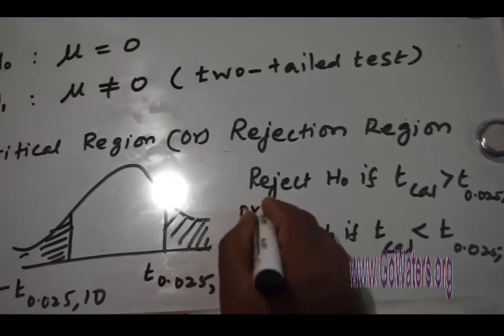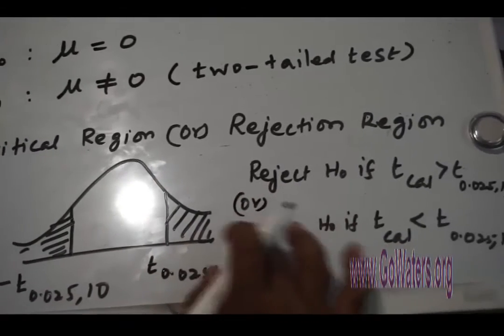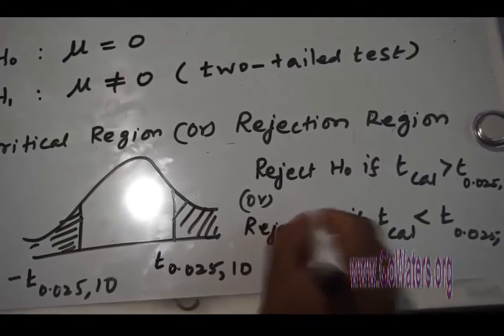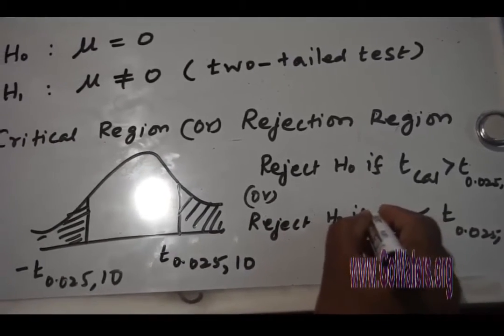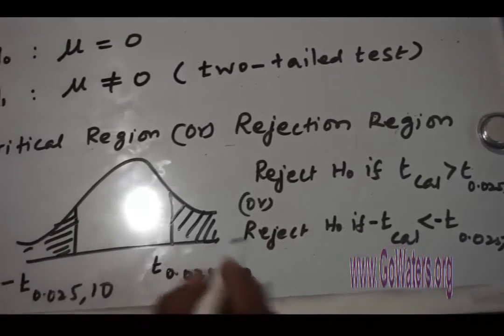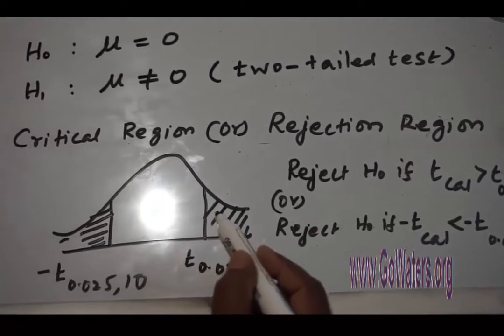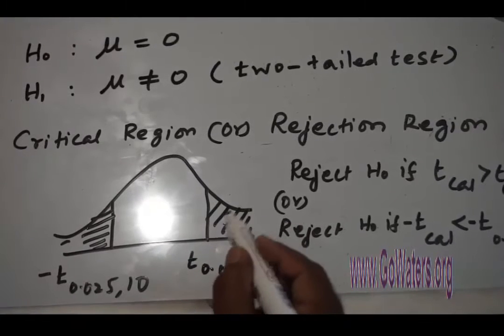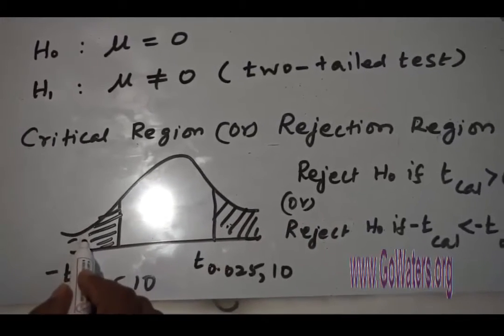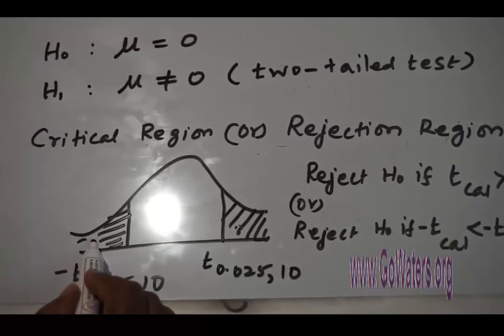Or reject H0 if negative T is less than negative T on this side. So if your calculated value falls here, you reject the hypothesis, and also if it falls here, you will reject the hypothesis.